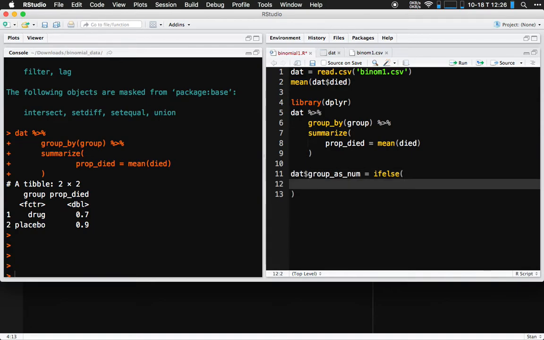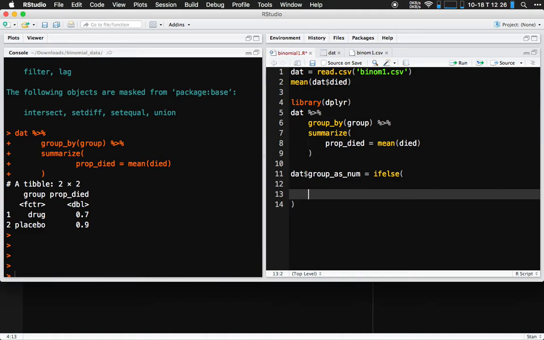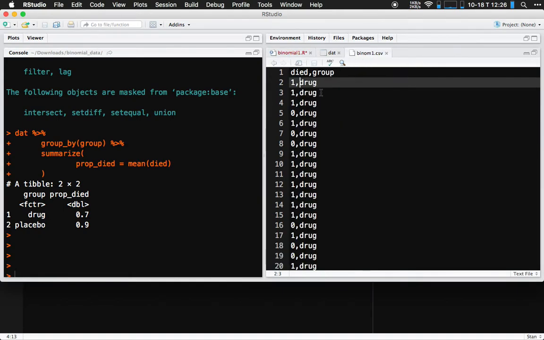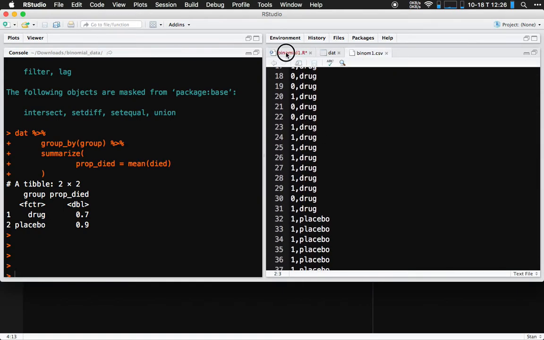If-else accepts as its first argument a logical test. If that test comes out true, it will put one number. If it comes out false, it'll put another number. So I want it to test whether the content of the column group within the dataset dat is equal to drug.